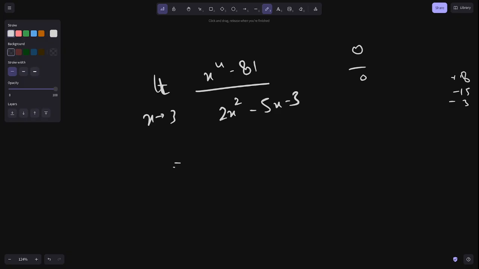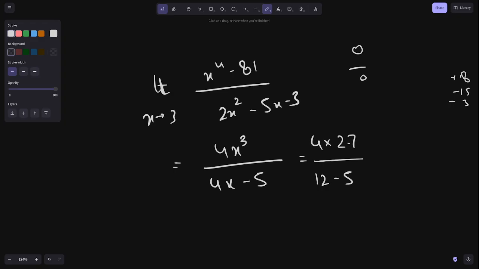So we apply L'Hopital, again blind L'Hopital. 4x cubed by 4x minus 5. Now is it 0? No, this is 4 into 27 by 12 minus 5, right? So this is 108 by 7.